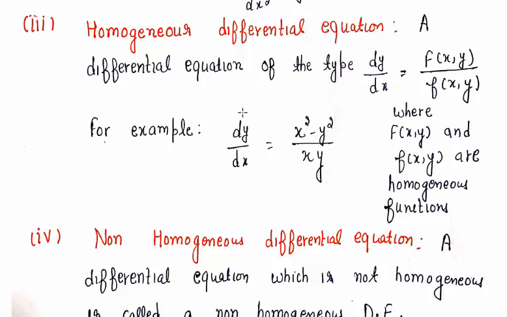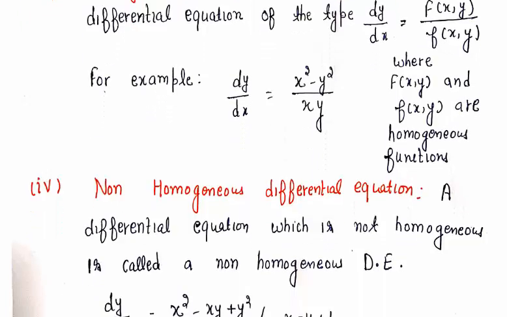After homogeneous differential equation, next we discuss the type non-homogeneous differential equation. The non-homogeneous differential equation is the differential equation which is not homogeneous. So if the differential equation is not homogeneous, then it is said to be a non-homogeneous differential equation.